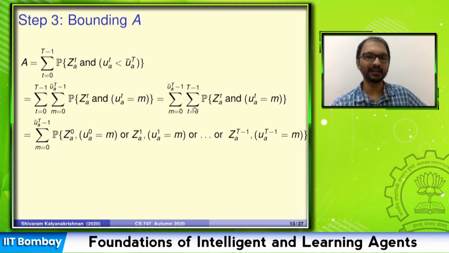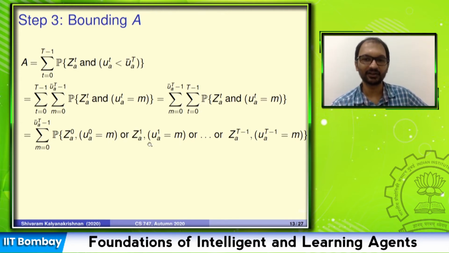The probability of these smaller events summed up is the same as the probability that at time 0, Z happened and U0A was M, or at time 1, Z happened and UA was M. UA can be M only for one time step in which the arm gets pulled.